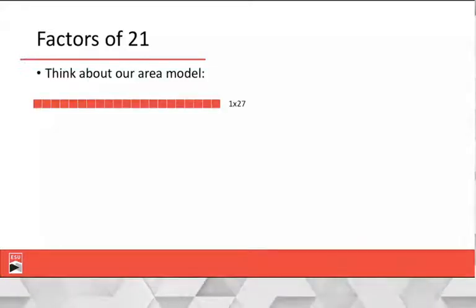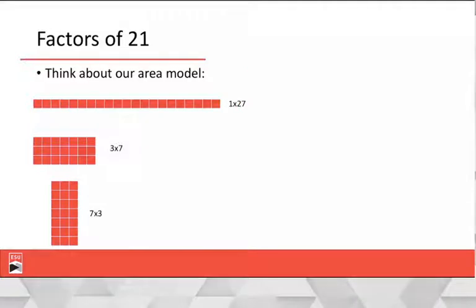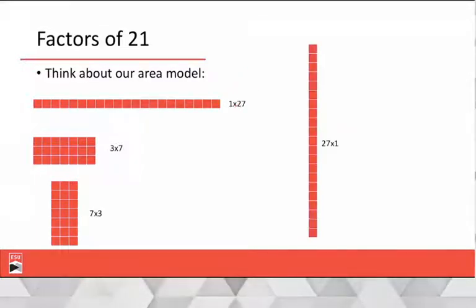When we think about factors, we could think about our area model. We could do 1 times 21, or 3 times 7, or 7 times 3, or 21 times 1.